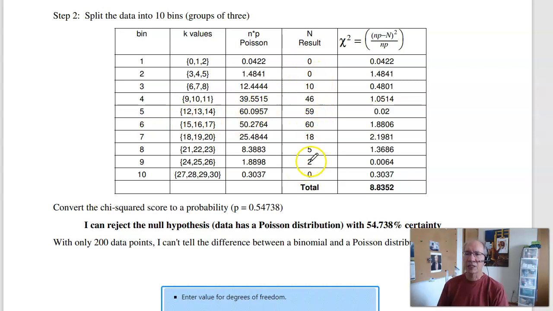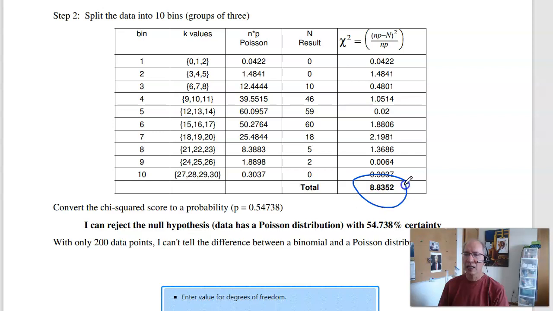Here's the actual results. Here is the Poisson approximation. Add up k equals 0, 1, and 2, add up k equals 3, 4, and 5, add up k equals 6, 7, 8, times 200, that's n. Now calculate the chi-squared value. Take the difference squared divided by 0.04, difference squared divided by 1.48, difference squared divided by 12.44.